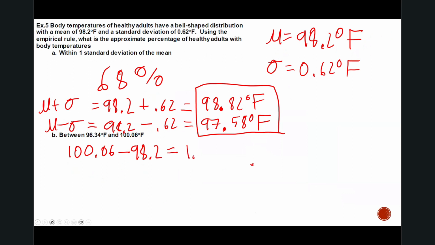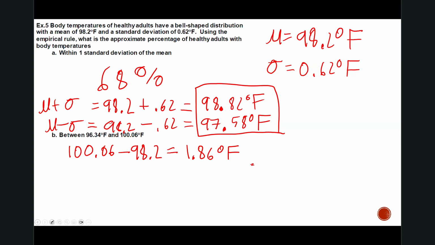Let's just try to think about what this says. So suppose you have a friend, they're a strange biological specimen. Their average body temperature is 100.06 degrees, right?